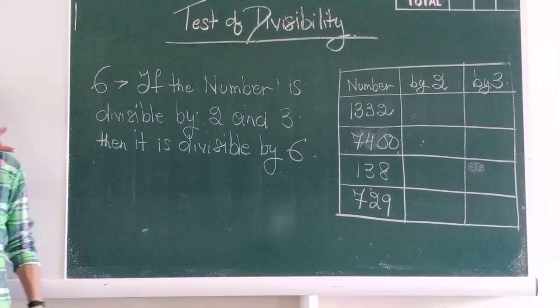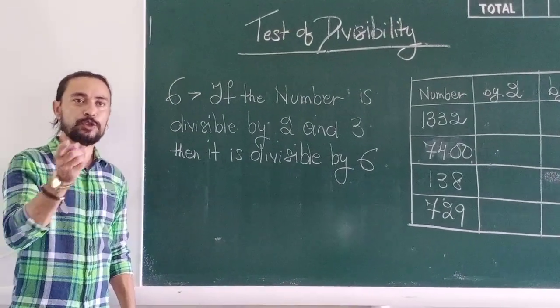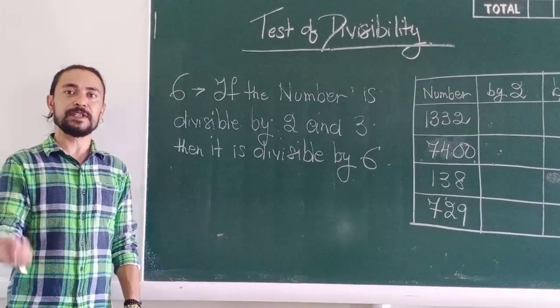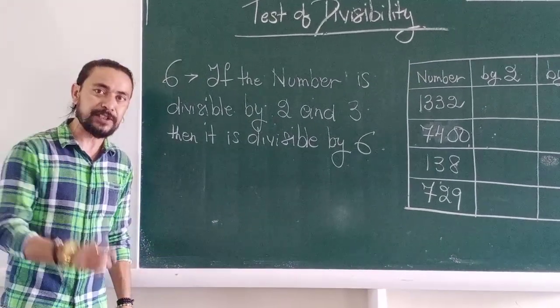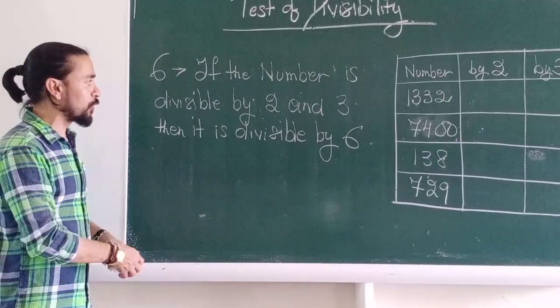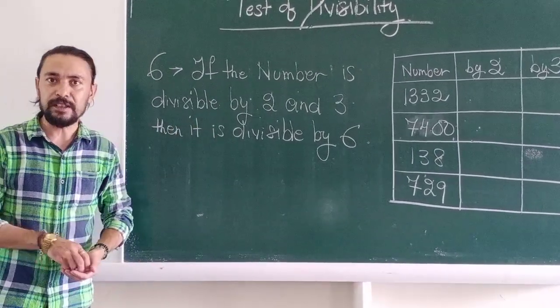So that means I have to check whether the number is divisible by 2 and also divisible by 3. If a particular number is divisible by 2 as well as by 3, then that number is divisible by 6. Because as all of you know, 2 3s are 6 and 3 2s are 6.